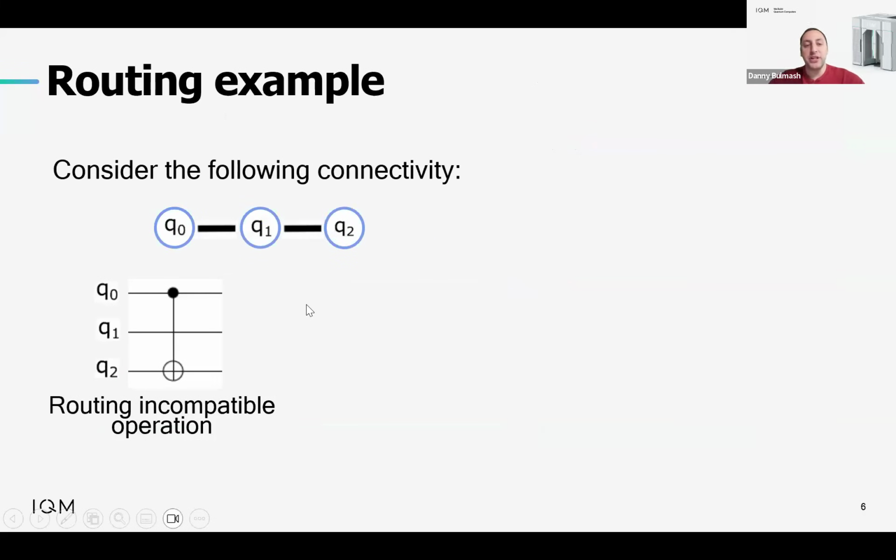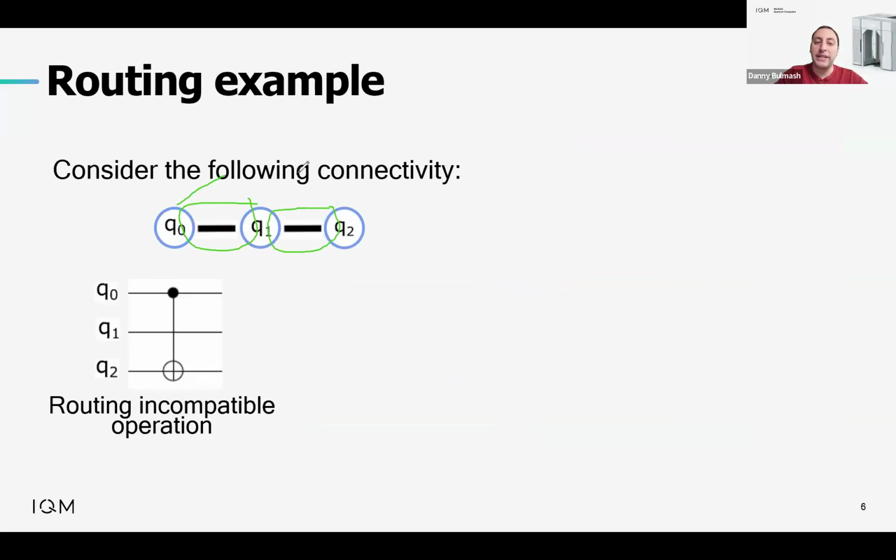So imagine that we just have a quantum computer that has 3 qubits, which we're calling qubit 0, qubit 1, and qubit 2. And imagine that we want to do a CNOT gate between qubits 0 and 2. Well, as we can see, our hypothetical 3-qubit quantum computer has a connection between qubits 0 and 1, and a connection between qubits 1 and 2.